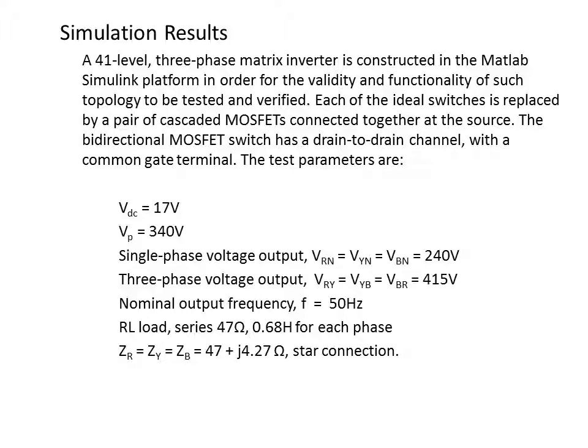The three-phase voltage outputs VRY, VYB, and VBR are equivalent to 450 volt. Nominal output frequency is set at 50 Hz. The RL load is series 47 ohm, 0.68 Henry for each phase, so that we get 47 plus j4.27 ohm star connection output impedance.